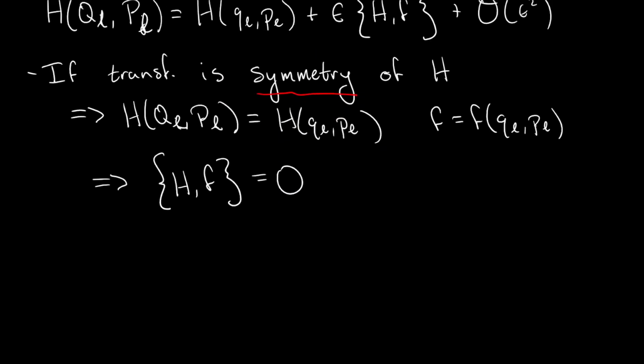Really the minus, because as I'll get to in a second, the Poisson bracket is anti-symmetric in its arguments. So h comma f is equal to really minus df dt. That's equal to 0.